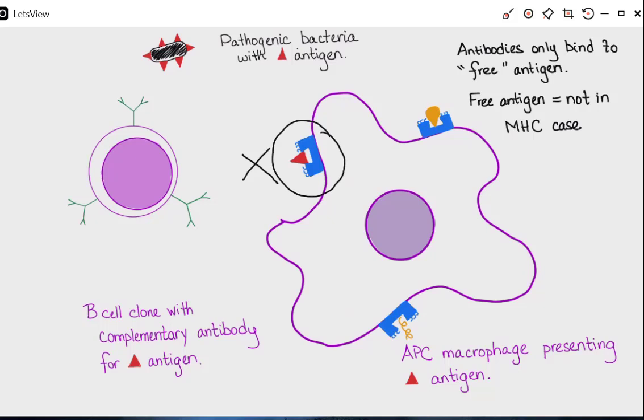So is the one that I've circled a free antigen? No. Why? Because it's in an MHC case, so it's not free. As a consequence, that antibody cannot bind. And so there is no way for the macrophage to talk to the B cells.